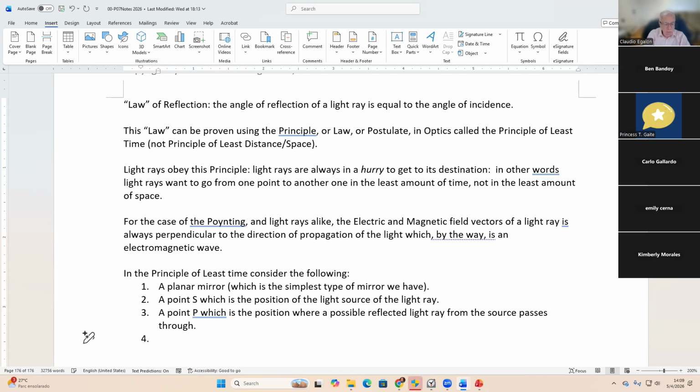And you have to consider another thing, right? Consider the following: the direction normal to the reflecting surface.